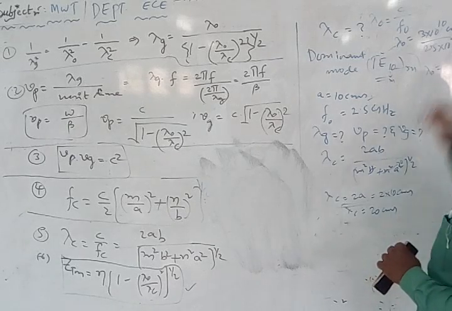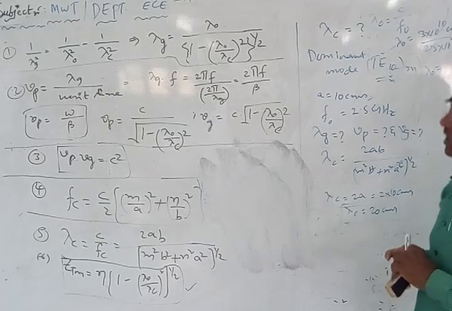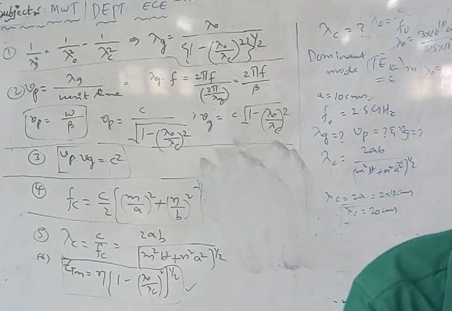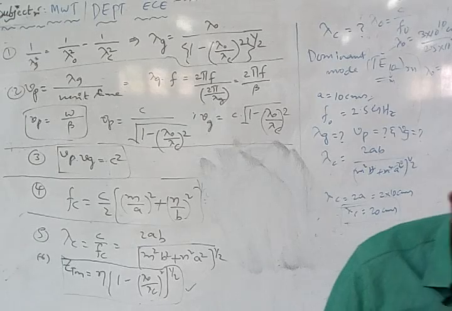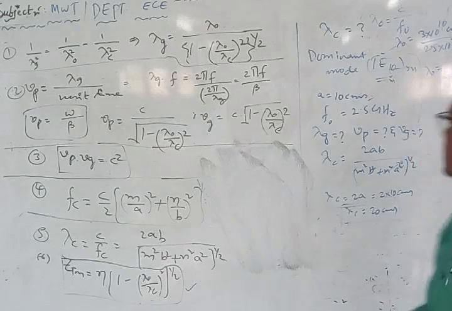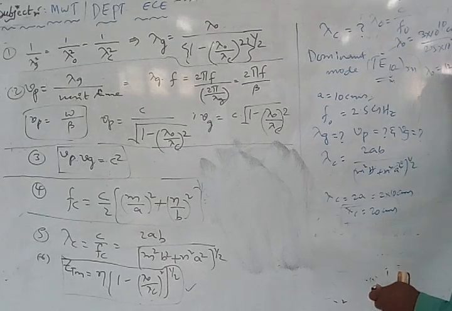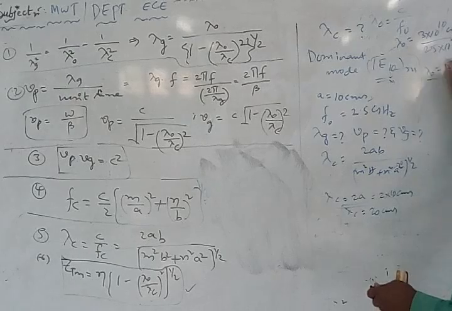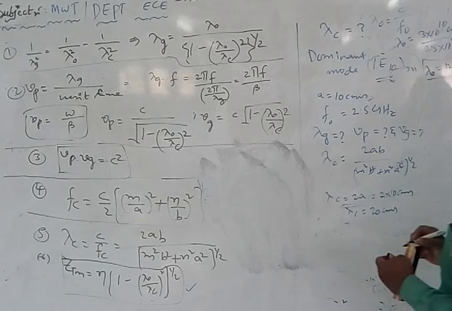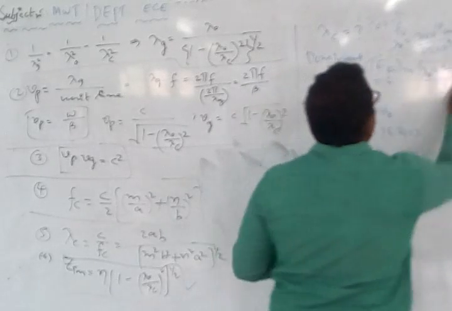By solving this, it is going to be 30 by 2.5. So by solving that, we will be getting the value for lambda naught as 12 centimeters.